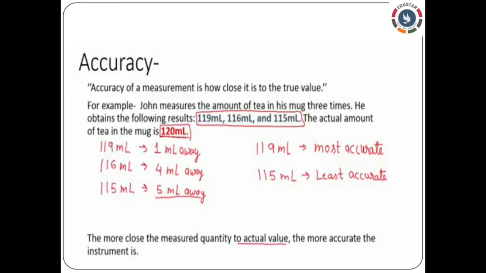The 119 ml measurement is very close to the original 120 ml. That is, the true value is 120 ml, and the measured value in the first time is 119, very close to 120 ml. So the first measurement is the most accurate, and 115 ml is far from the original value, so it is the least accurate.